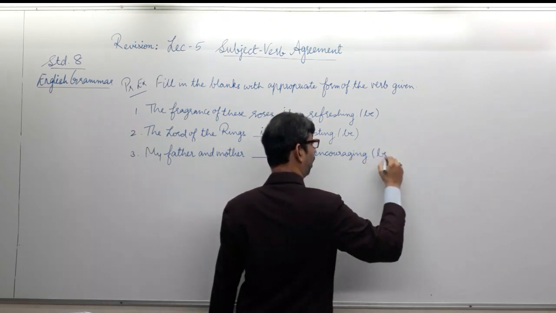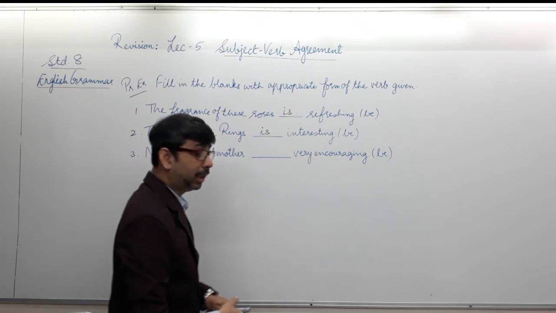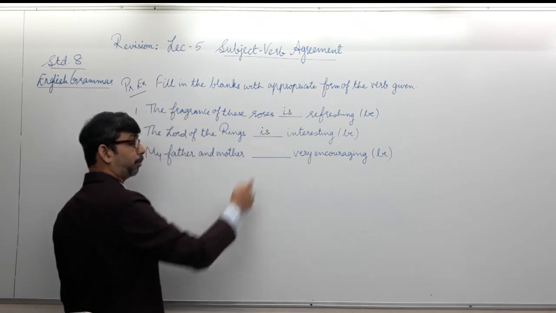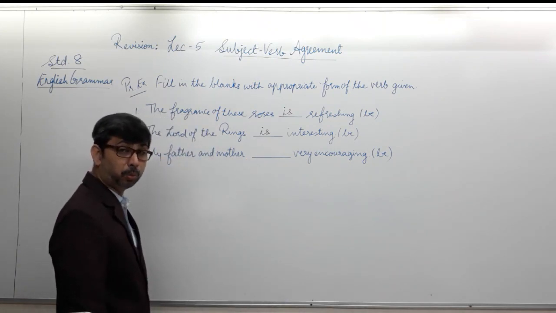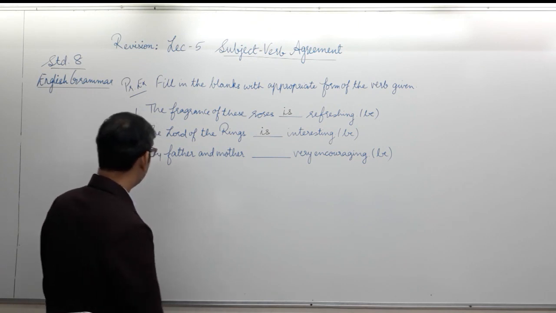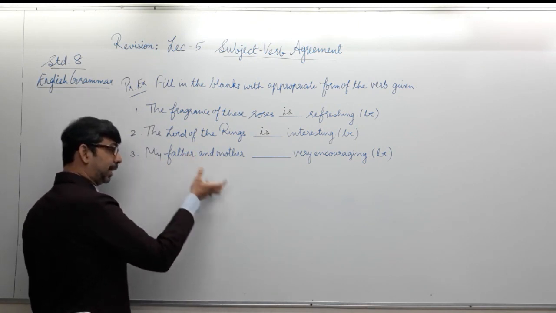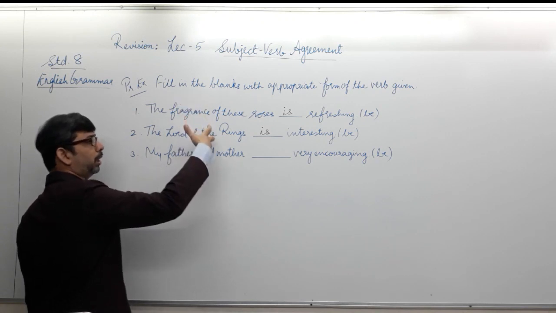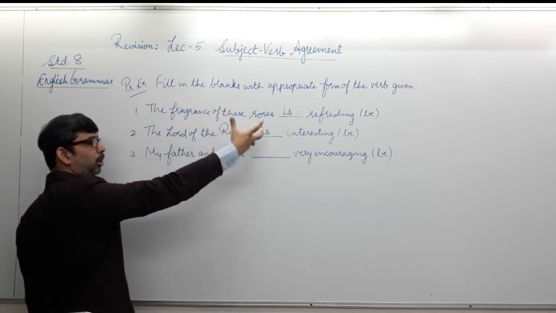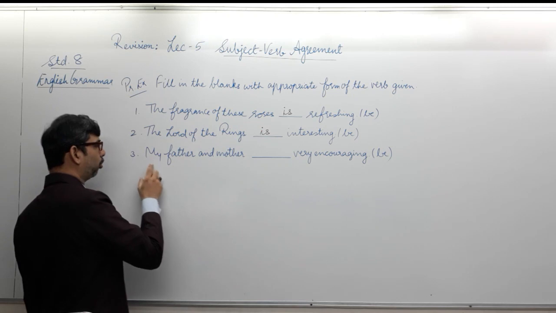Once again we have the word be applied to it. We'll be choosing an appropriate verb over here, singular or plural, whatever is referring. So have a careful look. My father and mother. Yet another rule. We saw two rules over here, two different rules, while we use the singular. Now let us see what rule is over here.